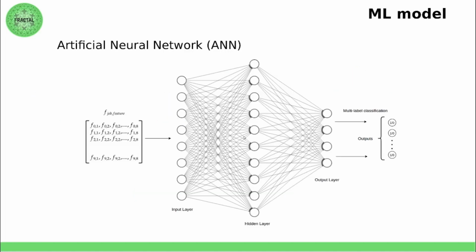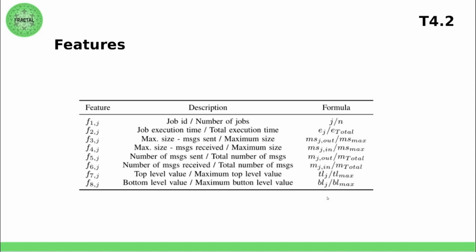We chose an artificial neural network as the machine learning model to predict the task priorities. The number of nodes in the input and output layers depends on the number of features and jobs that we have. We first need to extract features that capture the behavior of our scheduling problem, such as the number of jobs, and the number of messages sent and received by each job.